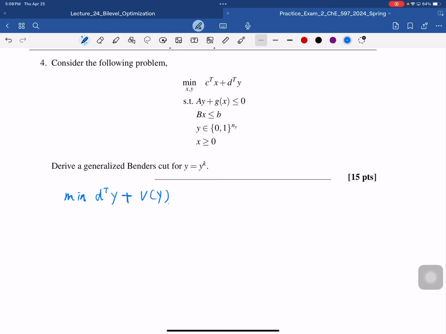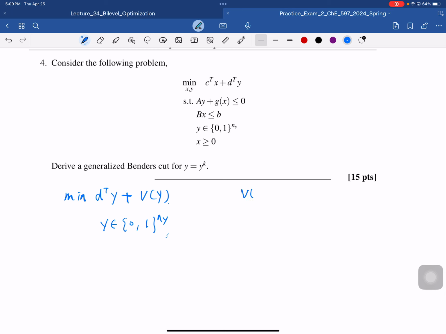Okay, so let's first write out the constraint on y. So y is a 0, 1 variable. Okay. So how to define V(y)?